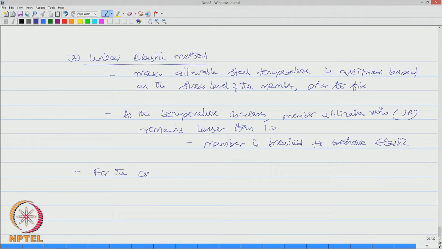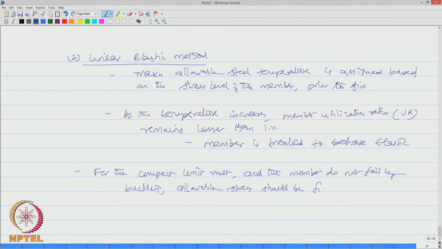For the compact limit met and the members do not fail by buckling, the allowable stress should be fixed such that the extreme fibers in the cross section are at yield stress.